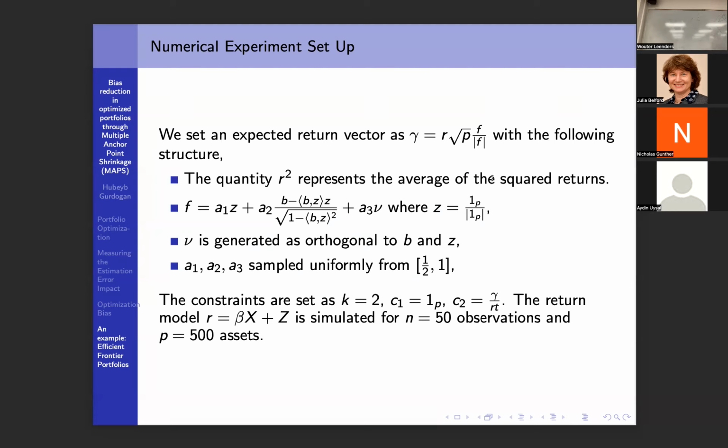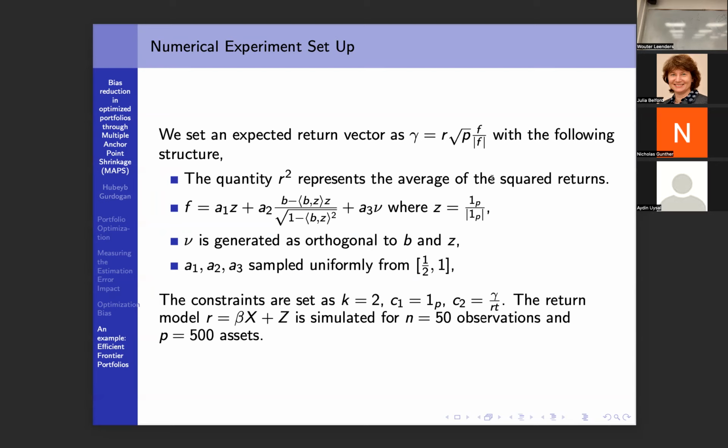Okay, so we are setting an expected return vector as gamma equals r radical p f over the norm. This is an expected return vector as a constraint, and the quantity r squared, if you do the calculation, stands for the average of the squared returns.